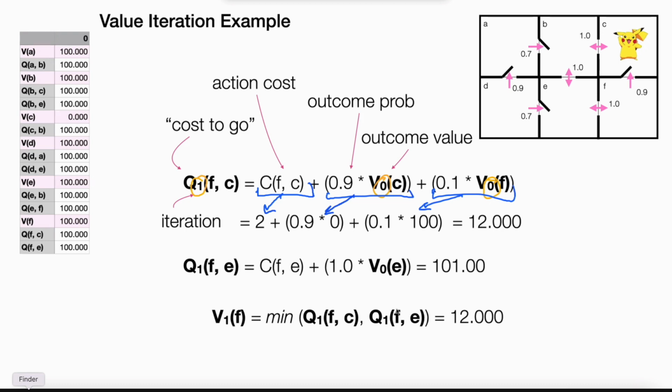But perhaps the important thing in this calculation is that when we try that door from F to C, there are 2 possible outcomes. Either we get to C or we stay in F. So there are 2 outcomes that we anticipate, and we calculate the cost using both of those outcomes.